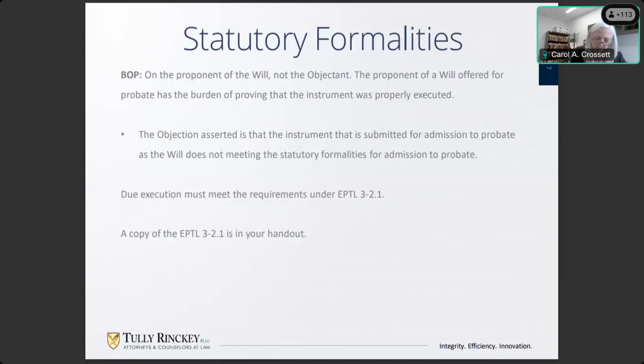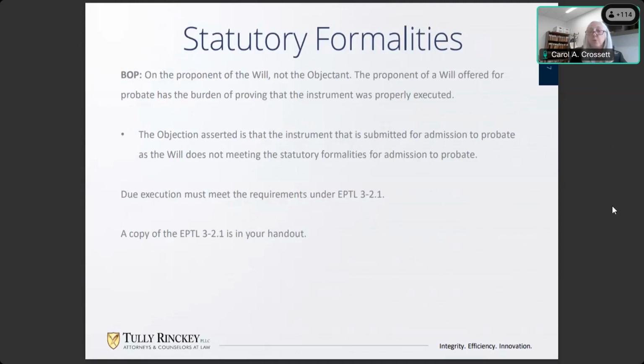I cite to Matter of Farrell, but that's not in your course material. Not all cases are in your course material, but that was a Second Department 2011 case for the attestation clause and the standard I just referred to related to inferences.